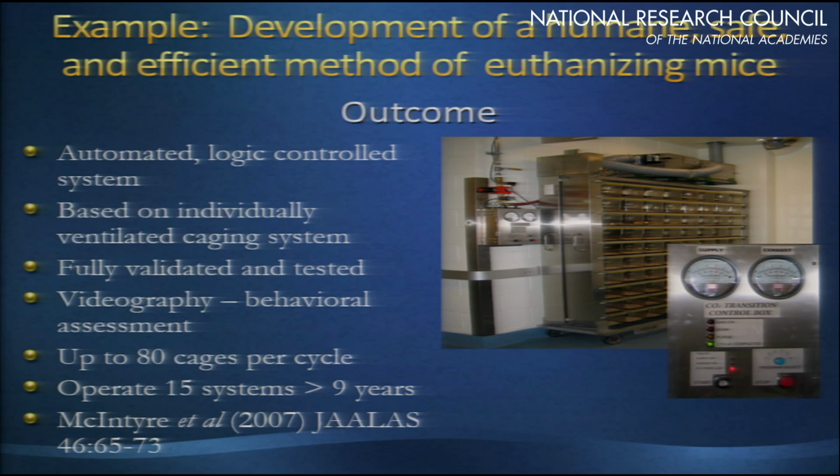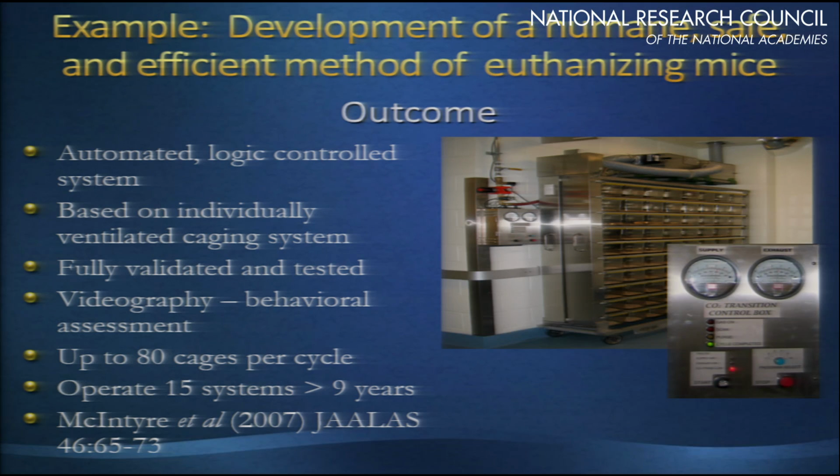Working with that manufacturer, we developed a concept in which, rather than bringing room air into this particular rack, using a fairly sophisticated engineering paradigm, we were able to basically replace room air with carbon dioxide and use this as a euthanasia rack. This system involves a series of power-operated dampers, and we have control of the fans through a programmable logic controller.